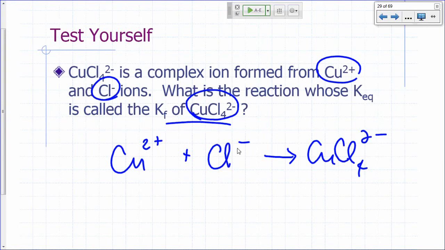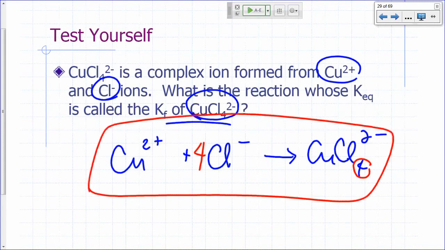How many chlorides do we need to balance this? We need 4 chlorides. So that is your reaction for the formation of CuCl4 2-. The KEQ for that is called the KF, or the formation constant, of the tetrachlorocopper ion.